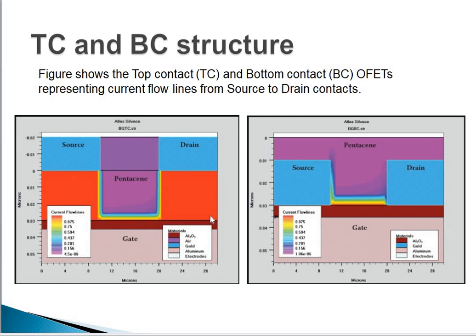Figure shows the top contact and bottom contact organic field effect transistor representing current flow lines from source to drain. In case of bottom contact structure, the current flow line from source to drain contact is this one. When we talk about the top contact structure, the current flow lines from source to drain contact is this one.